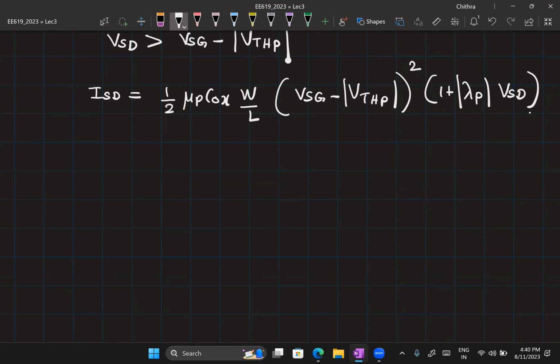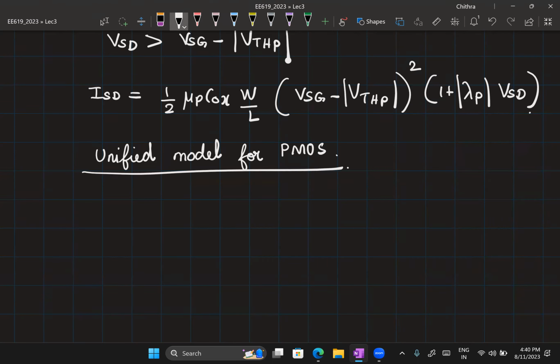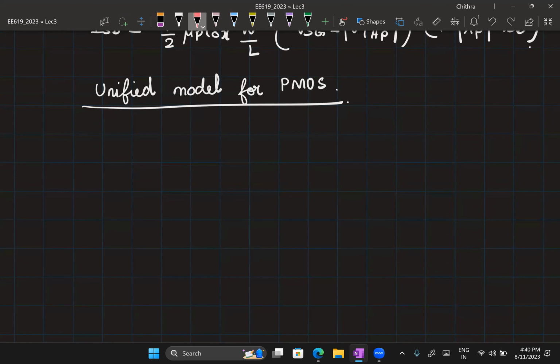So now we have to write the unified model. I'll quickly write this equation and then we can wrap up the class. What would be the first part? ISD equal to 0 for VSG less than mod VT.